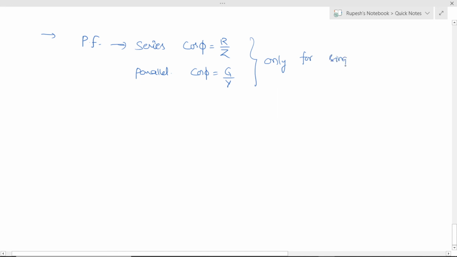When we see about the power factor, for all series circuits, the power factor cos phi is equal to R by Z. For all parallel circuits, the power factor cos phi will be equal to G by Y. This is applicable only for single frequency circuits.